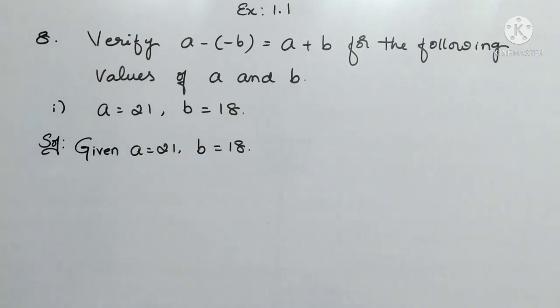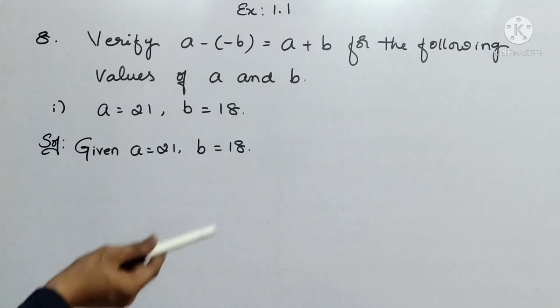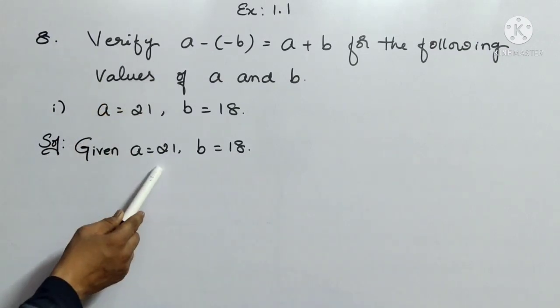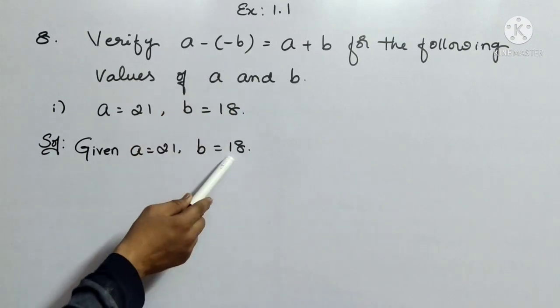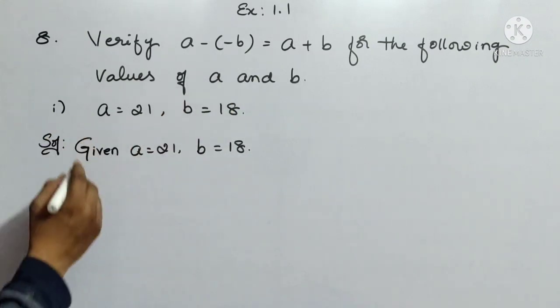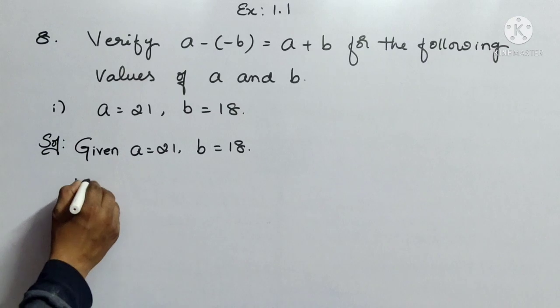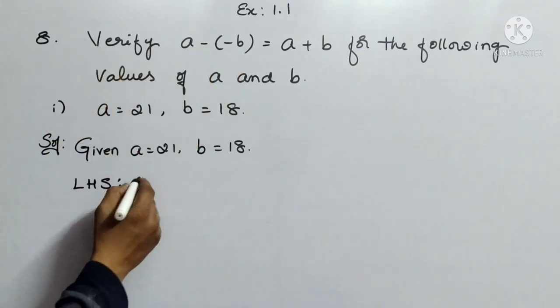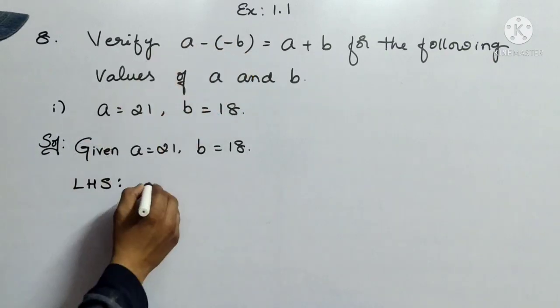Now we will call it substitution. Substitution means just replacement. Instead of A, you have to write 21. Instead of B, we have to write 18. Now take LHS. LHS means left hand side. What is the left hand side in the given question?